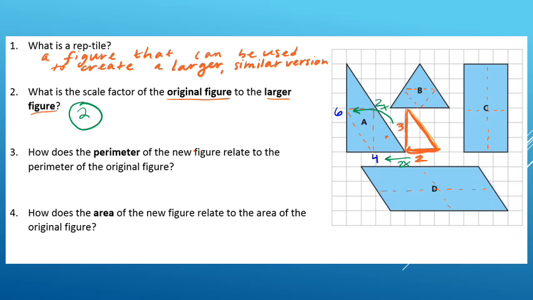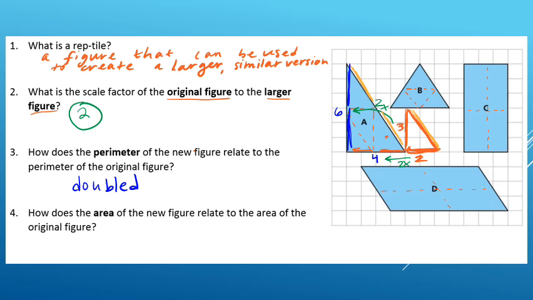And I can even see here that this measurement is extended twice over here, just like the base has doubled and the height has doubled. So I'm going to note here that the perimeter has doubled. I don't even have to know the exact perimeter. Again, I'm just thinking about the relationship here.